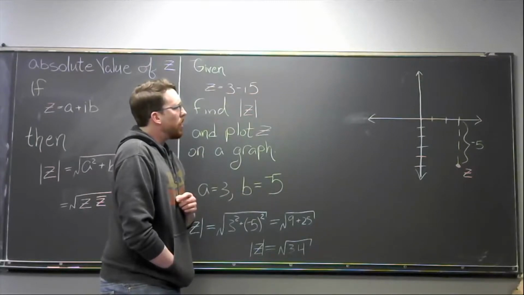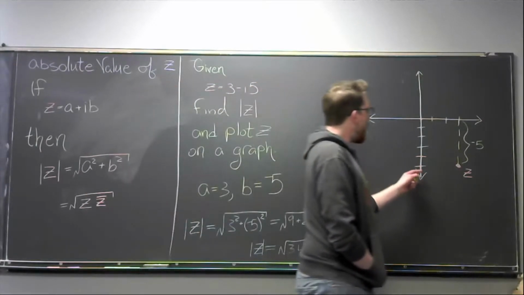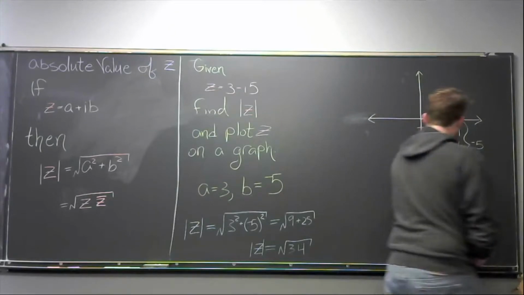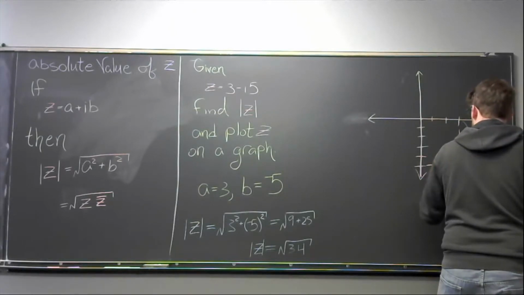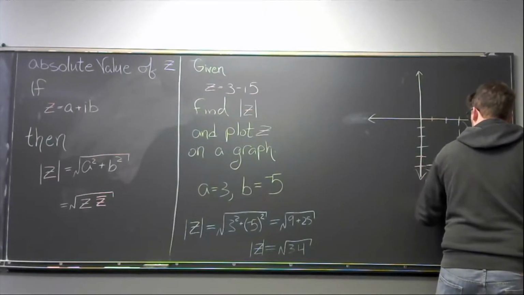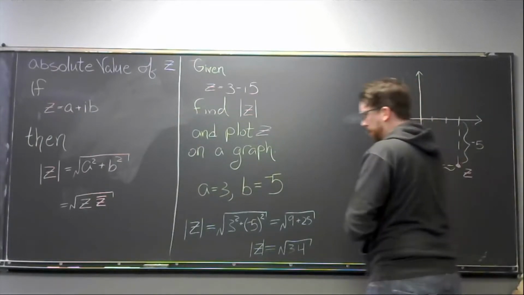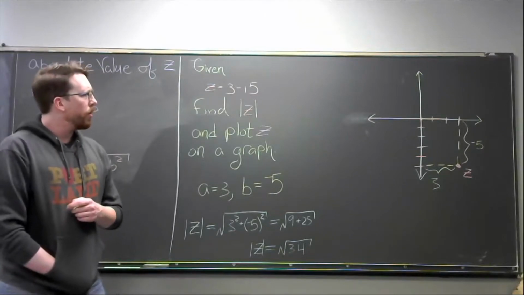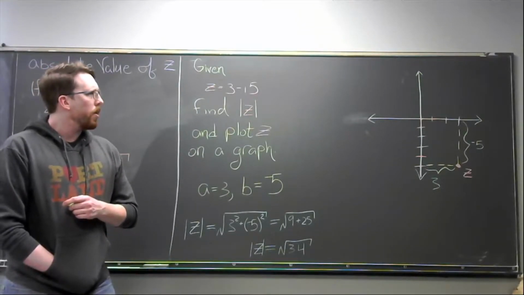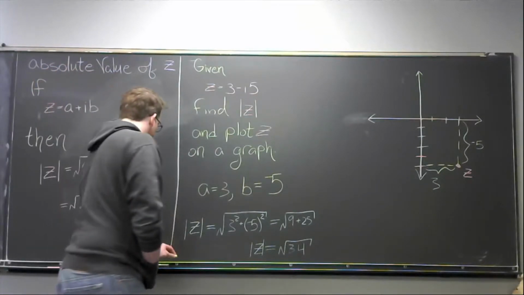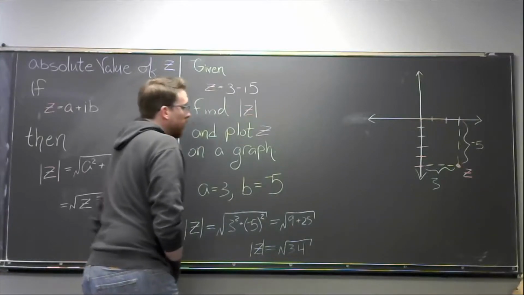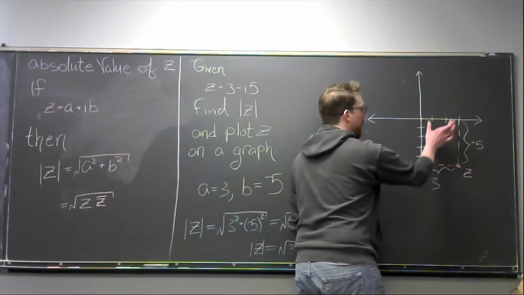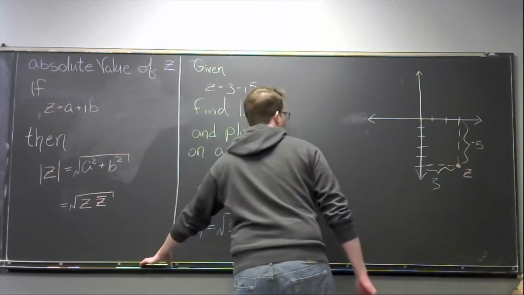And from our y-axis over to z, we're going to have another imaginary line. It's going to have a length of 3. Well, we can kind of imagine moving this line up, so let's do that really quick.